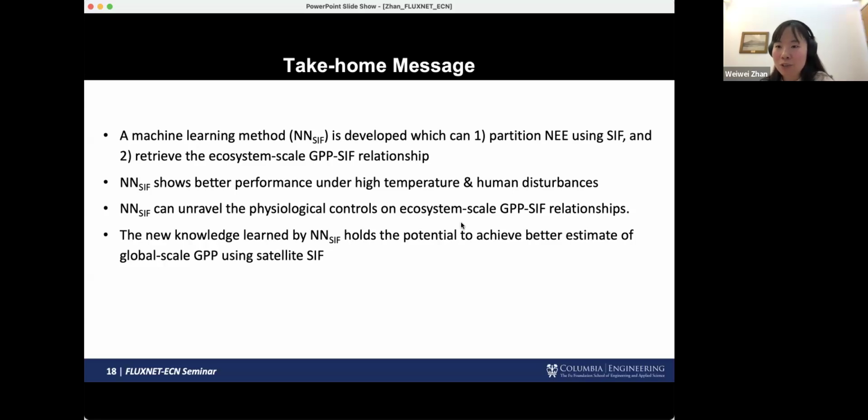So we do have the plan to use remote sensing SIF, but it has lower temporal frequency. So it remains unclear under that condition to what extent the SIF information can inform the carbon flux partitioning.